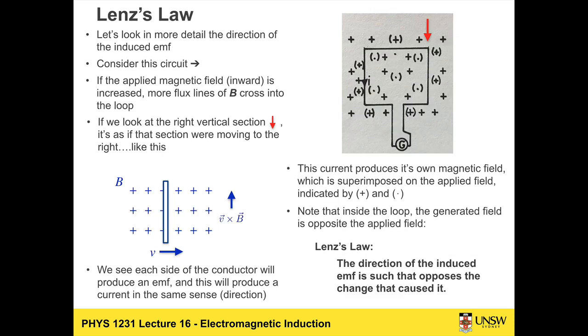And in 1B we looked, well, this is actually from my notes, so if you want to have a look at this, I won't go into detail, but you could understand Lenz's law if you looked at the forces in particular for a circuit here. If you increase the applied B field, you can think of flux crossing across the loop.